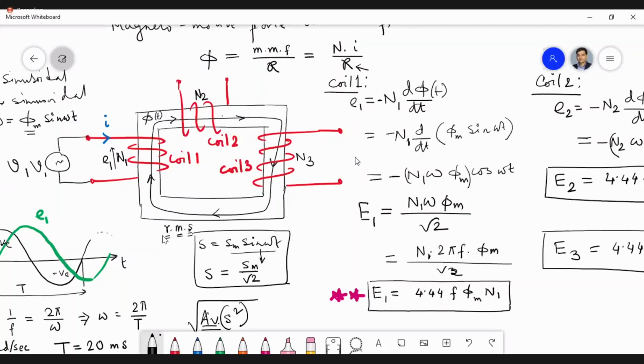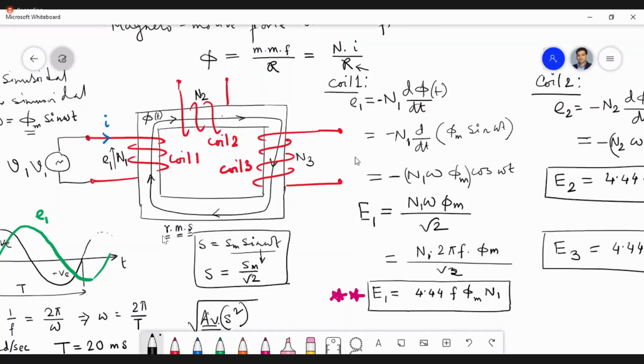Is that clear? Am I audible? Now you should remember that all these coils are electrically isolated. There is no electrical connection between these coils.